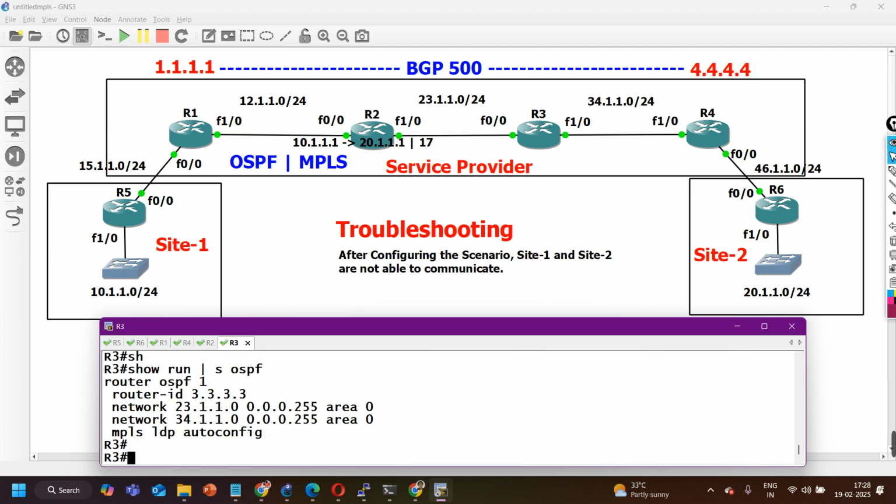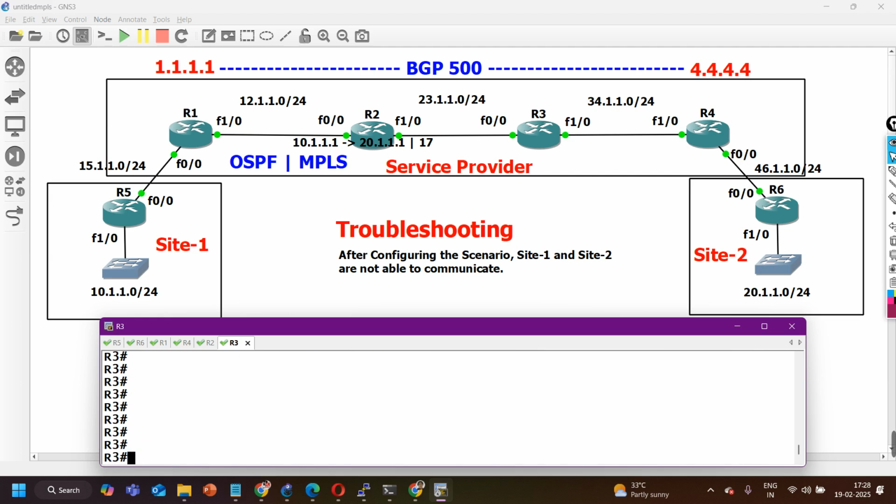But why don't we have LDP neighborship here, guys? If MPLS is enabled on both interfaces, then, you know, LDP is a TCP based protocol, so we can verify the TCP connection also. So show TCP brief.